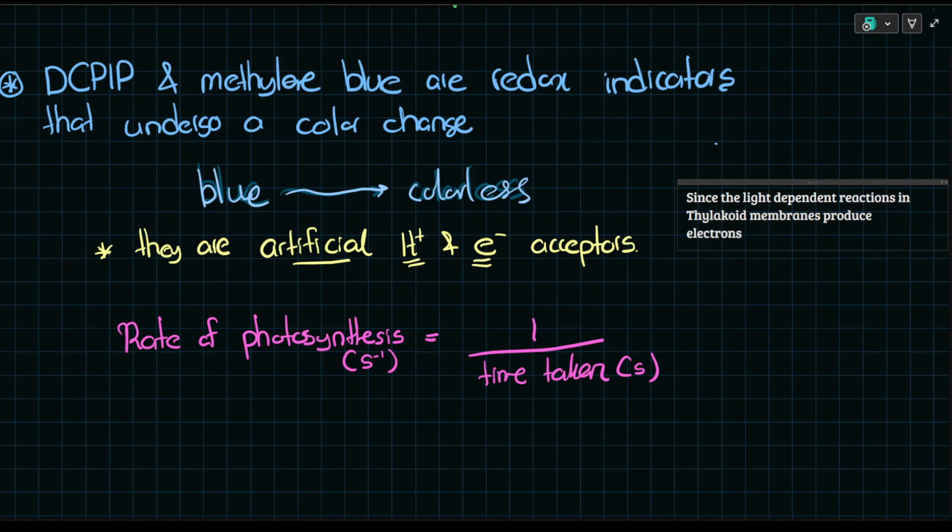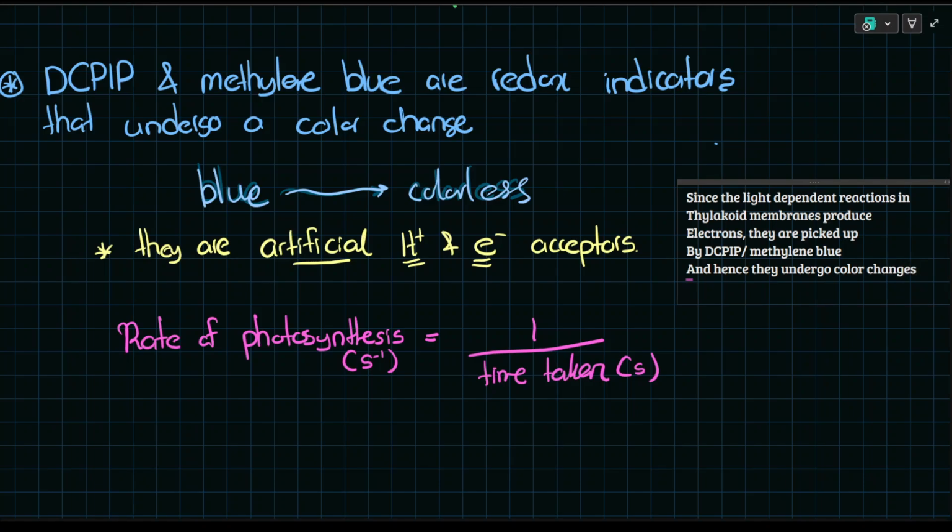Electrons. They are picked up by this DCPIP or methylene blue, and hence they undergo color changes.